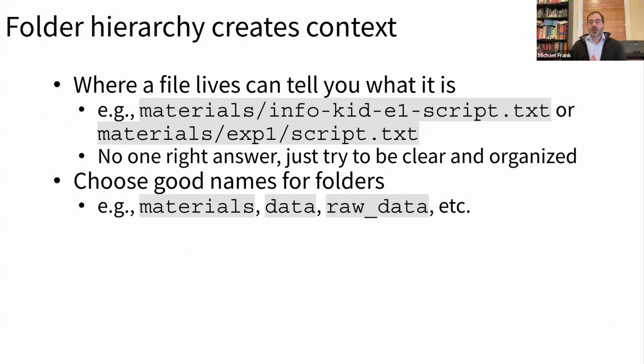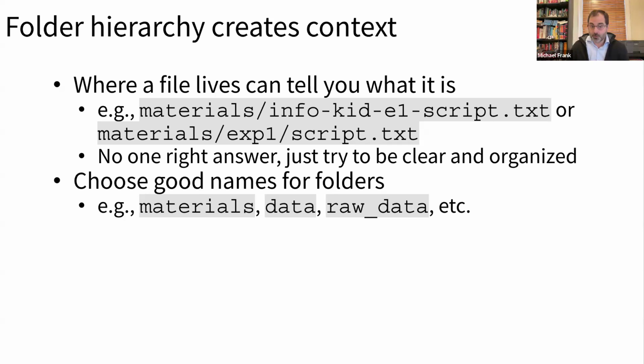Okay, next principle: folder hierarchy creates the context for files. Where a file lives can tell you exactly what it is, and that is an appropriate method for reducing ambiguity about what's in a file. For example, in the materials directory, you can have infokid experiment1 script.txt, or you could just have materials experiment1 script.txt.